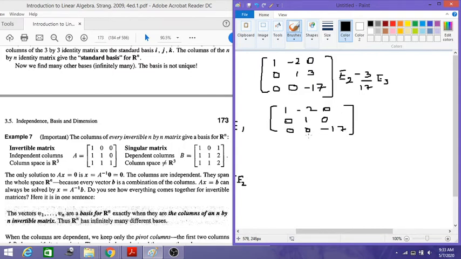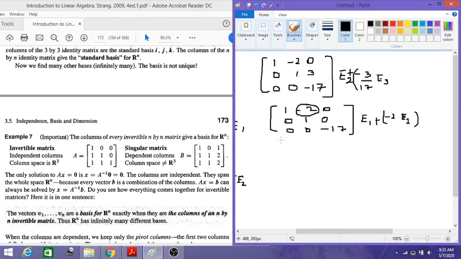So then I'll take out this minus 2 here. To get that, I'll do E1 plus 2 times E2, basically we need to add it, multiplying with minus 2 into E2 here.